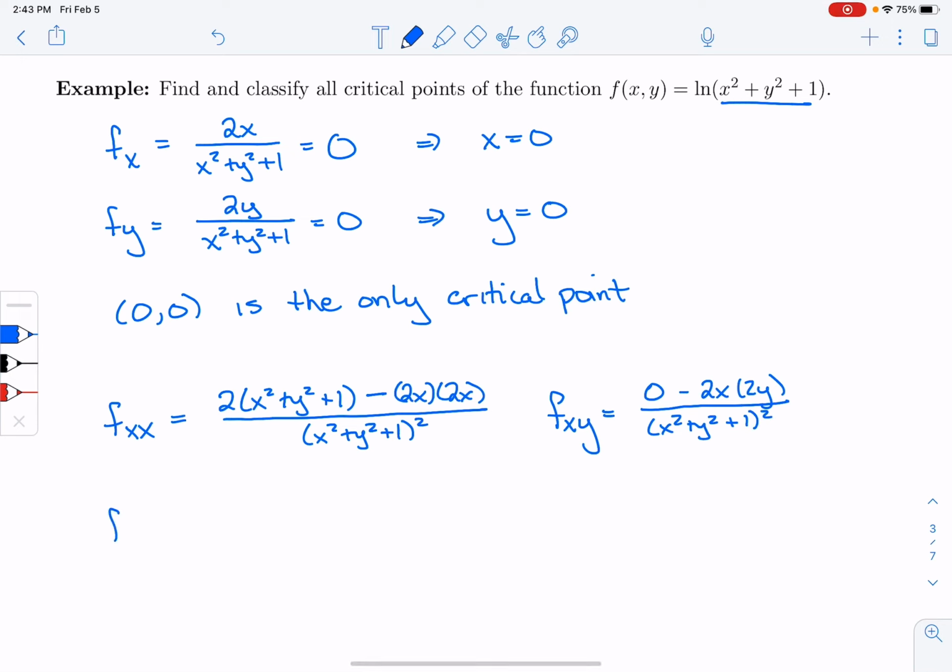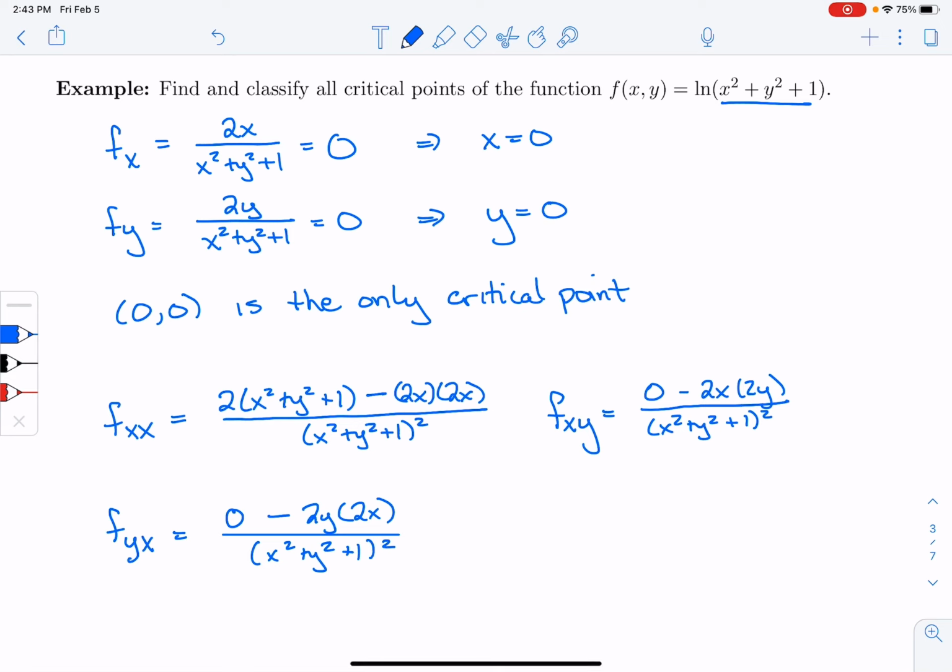Looking at the second derivative of the y derivative, so the derivative of the y derivative with respect to x. So I'm going to look at the derivative of 2y with respect to x and get 0, using that quotient rule again, minus 2y times the derivative of the bottom there, which is 2x. Okay, the derivative of x squared plus y squared plus 1 is 2x. Again, the denominator is squared. It's kind of nice.